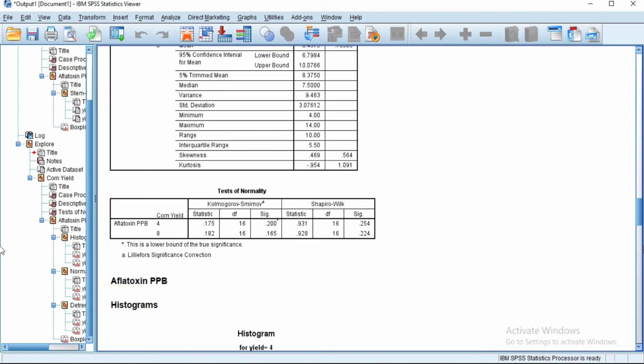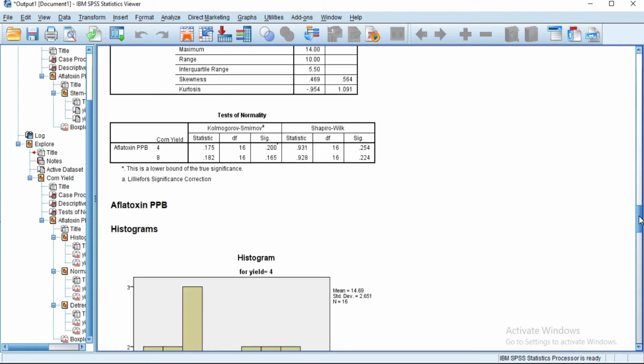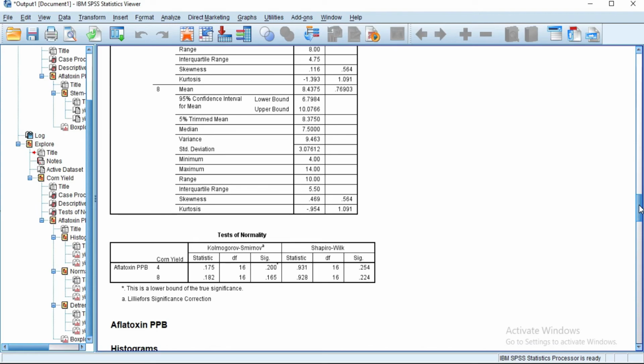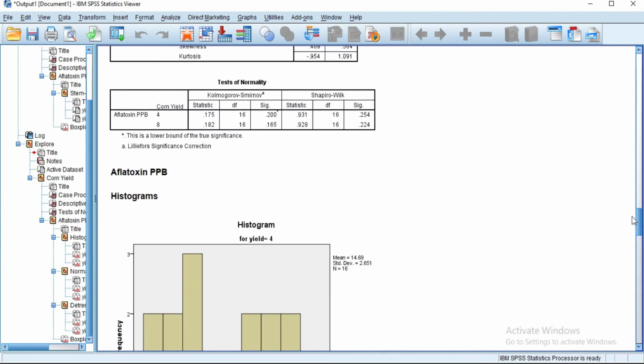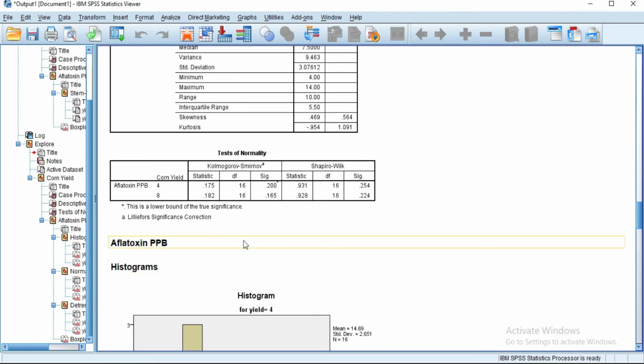So that's how we determine the normality of the data, for which we have three approaches. One was comparison of skewness and kurtosis statistics. The second I explained is the normal probability plot, and the third one is the normality test, which is called the Kolmogorov-Smirnov test or Shapiro-Wilk test. So here you see both of these tests are insignificant.